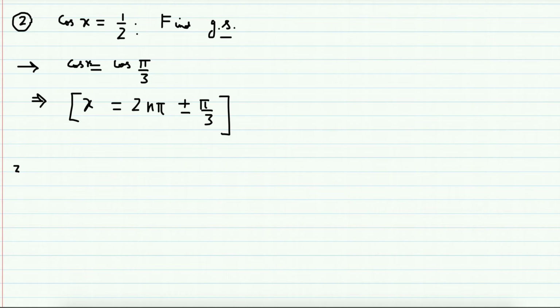Now we will see the third example for the tan function.